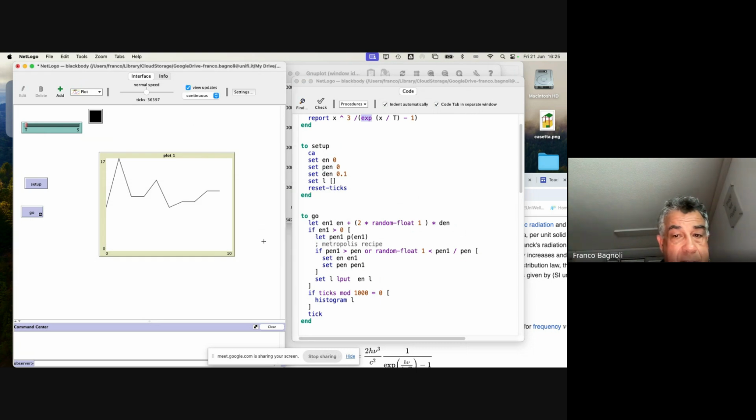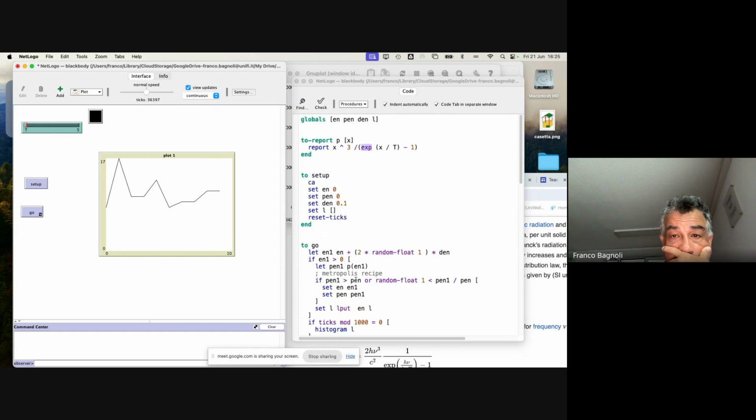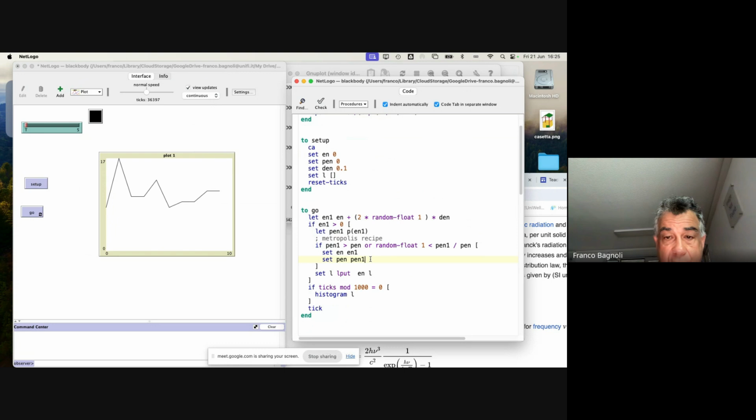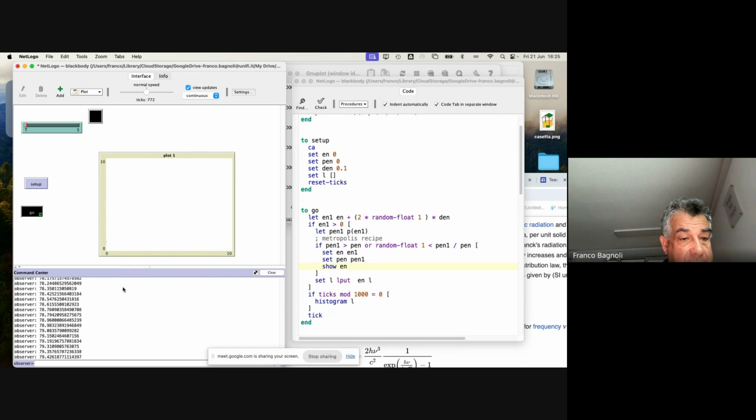Number too large, which probably is exponential. Well, maybe we can just show and just to see what happens. Go. It seems to increase always.